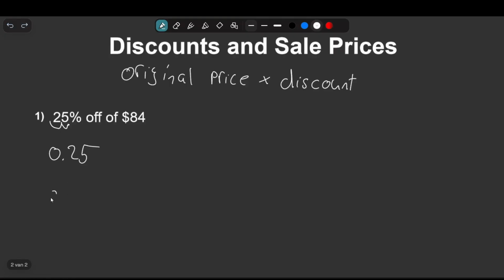So we're going to do $84 times 0.25. Of course, we can do this by hand by putting them below each other like this, $84 and 0.25, and we can start multiplying.